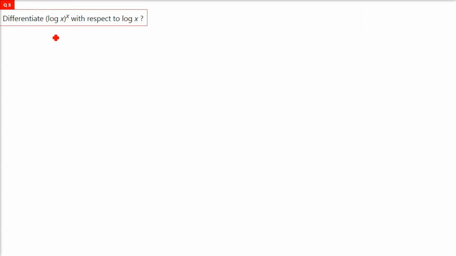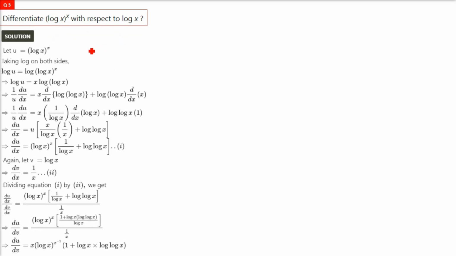Differentiate log x raise x with respect to log x. If we do it directly, there will be some more effort. So the best way is to take the log. See, u is equal to log x raise x.